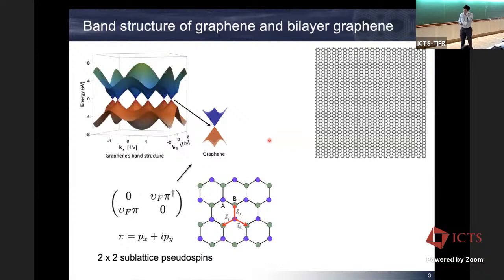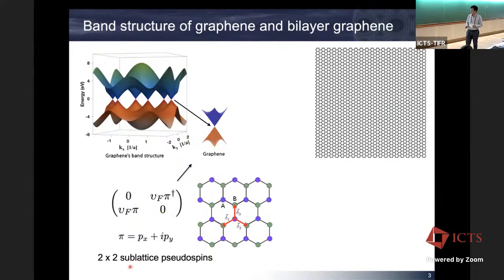So this is the band structure of graphene, whose bandwidth is roughly 20 electron volts, and therefore it is a typical non-correlated system. And its band structure in the low energy sector can be represented by this 2x2 Hamiltonian in the basis of sublattice pseudospins.